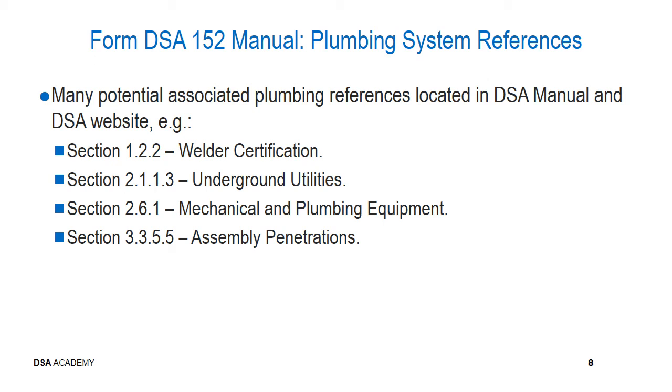Some helpful sections include Section 1.2.2, which addresses welder certifications, Section 2.1.1.3, which addresses underground utilities, Section 2.6.1, which addresses mechanical and plumbing equipment, and Section 3.3.5.5, which addresses assembly penetrations.